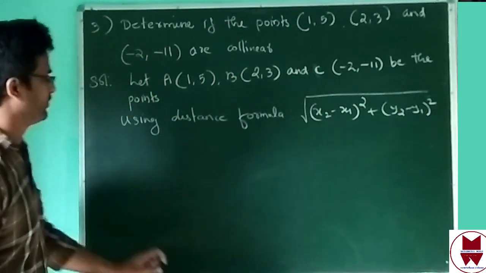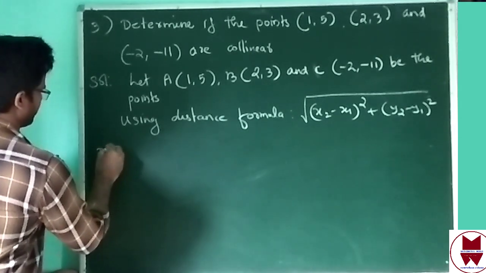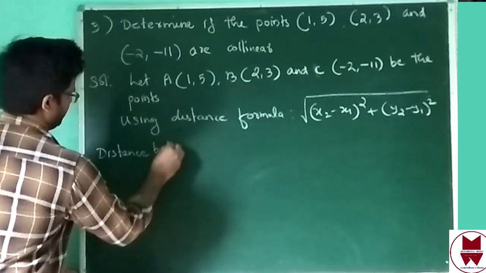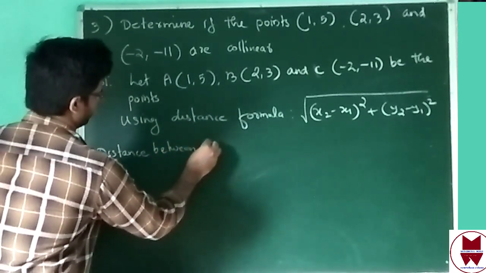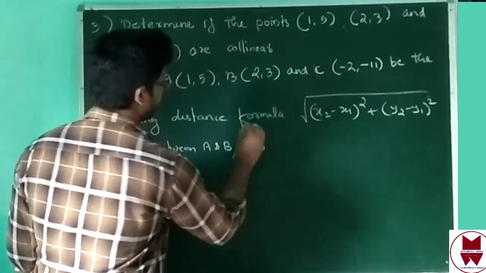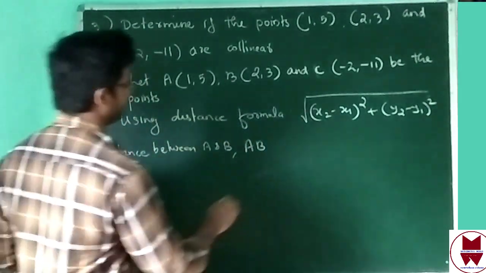That is the distance formula. First, the distance between A and B. We can write that AB. AB means distance between A and B.